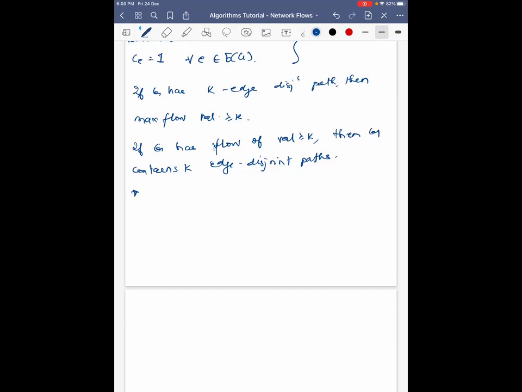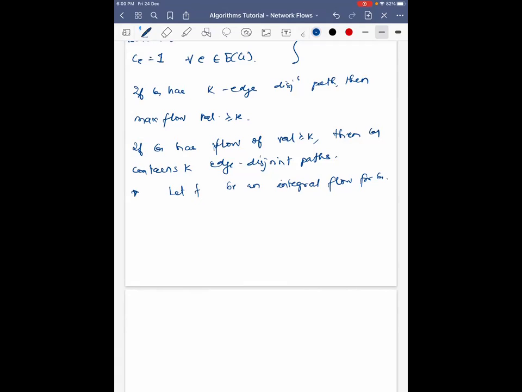Therefore, it is possible to exhibit an integer flow of value k in this network. Let F be an integral flow, because we know that Ford-Fulkerson on this would definitely give us an integral maximum flow, which is greater than or equal to k.